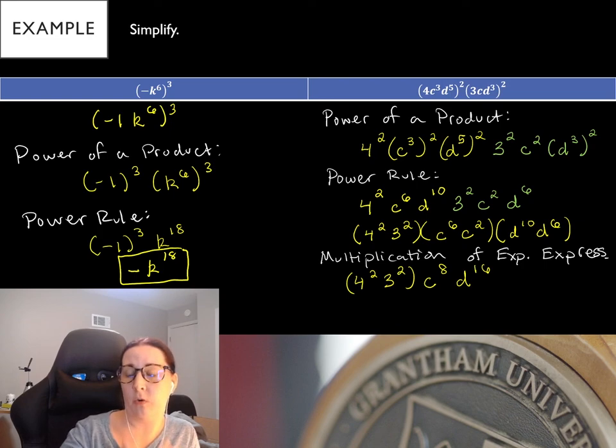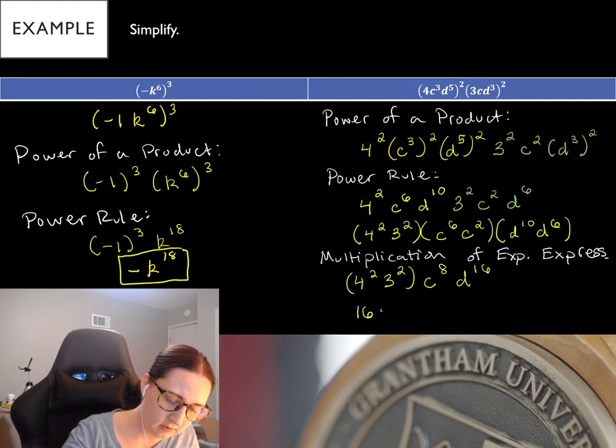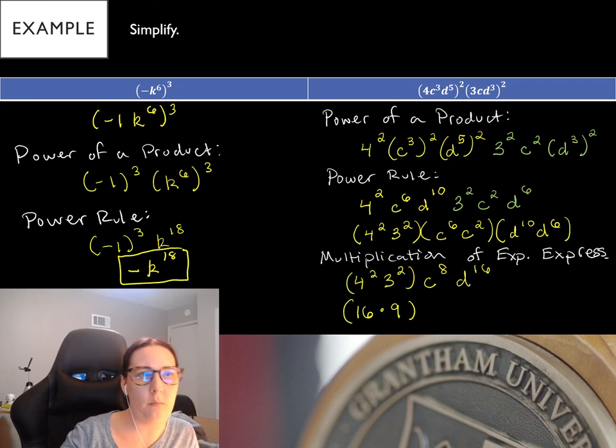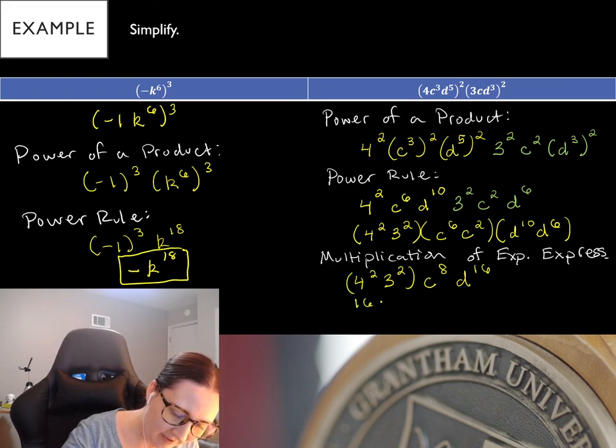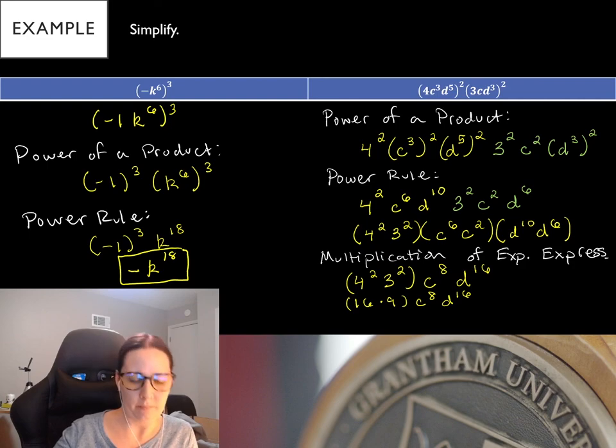Now I'm actually going to do the multiplication for the number parts. So 4 squared is 16, 3 squared is 9. Now I actually am running out of room here. Okay, I'm trying to squeeze these in. Sorry about this. I thought I would have enough room. I'm going to have to write really small here. Downside of only having a slide.